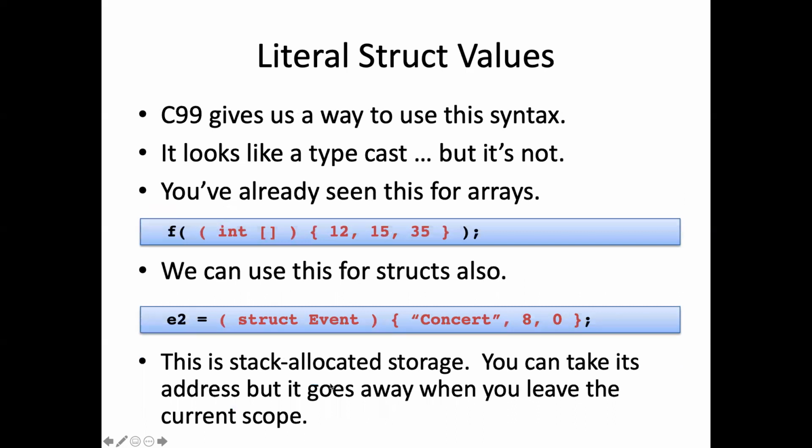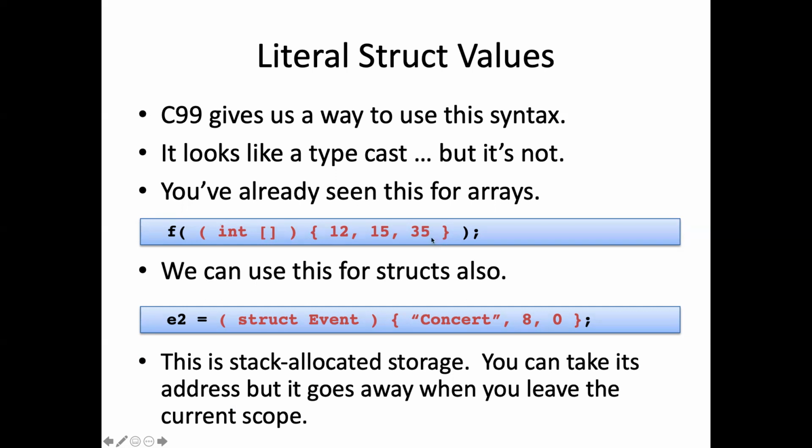And you've already seen this syntax for arrays. We talked about this maybe a week ago. We said there is a way of making a literal array that has particular values in it. You just put the sequence of values you want inside curly brackets, and you put what looks kind of like a typecast in front of it. Inside parentheses, the type you want in the array, and then a pair of square brackets. And that says, make me an array that has this stuff in it.